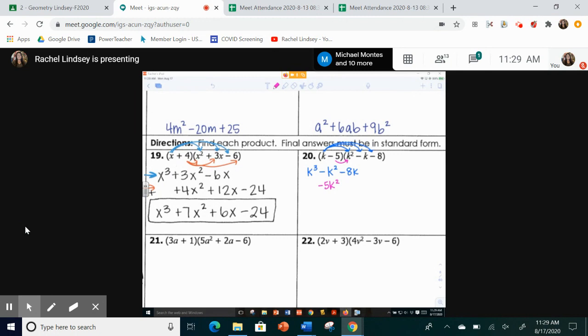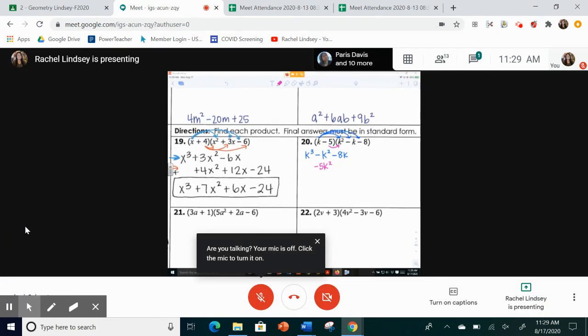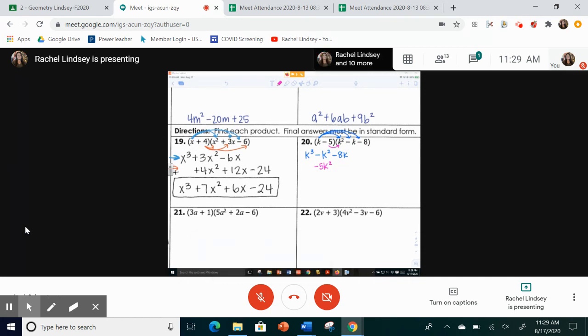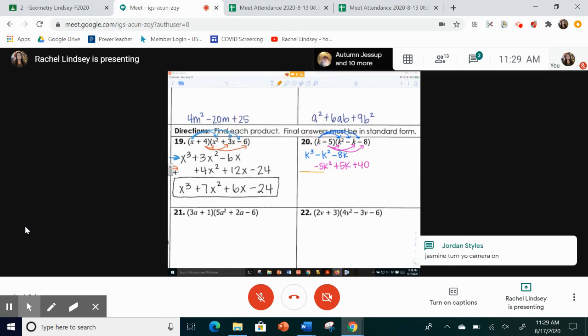Okay, so I'm going to go through the rest of 20. So negative 5 times k squared gives you negative 5k squared. Negative 5 times negative k gives you positive 5k. And negative 5 times negative 8 gives you positive 40. So as you can see, everything lined up perfectly.